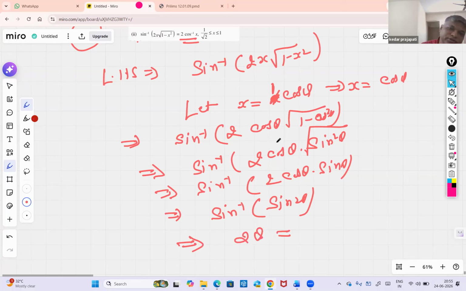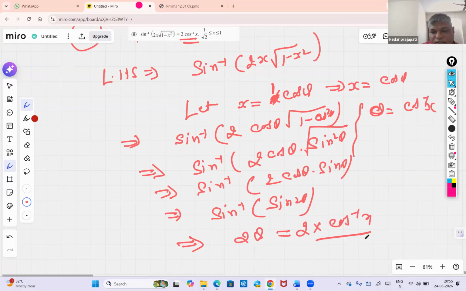Now whatever you assumed, x equal to cos theta, here we'll say theta equal to cos inverse x. So 2 into cos inverse x.